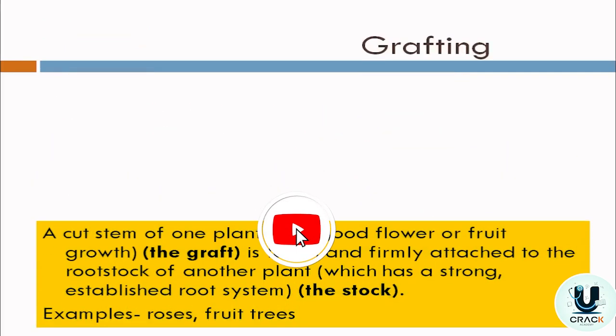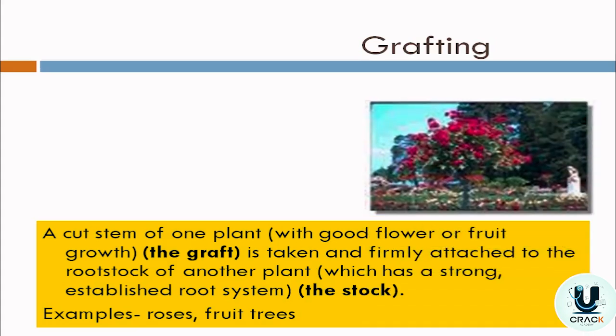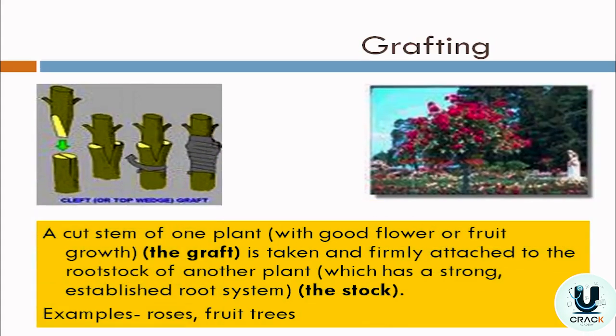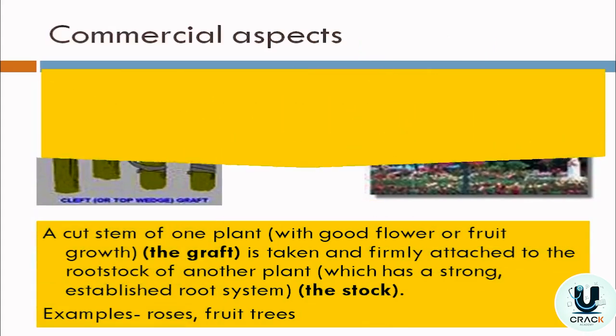Grafting. A stem of one plant with good flower or fruit growth, the graft, is taken and firmly attached to the rootstock of another plant, which has a strong, established root system. Example: roses, fruit trees. Look at it. Commercial aspects.